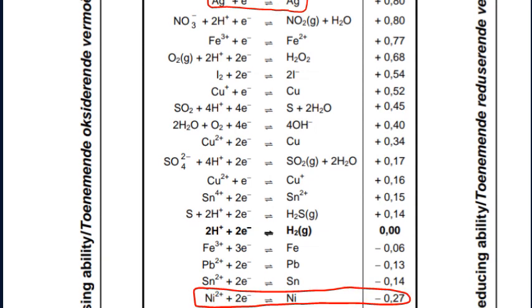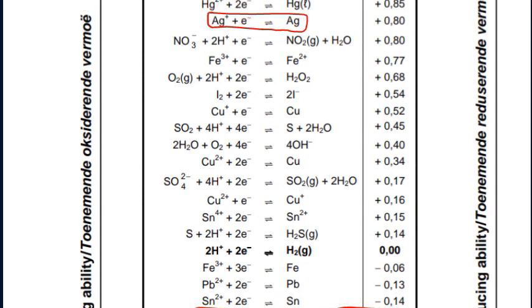I'm not going to be able to get both of them on the screen at the same time, but basically nickel is below silver. Remember, we're now going to use our direction arrows to give us an indication of who is stronger and who is weaker.